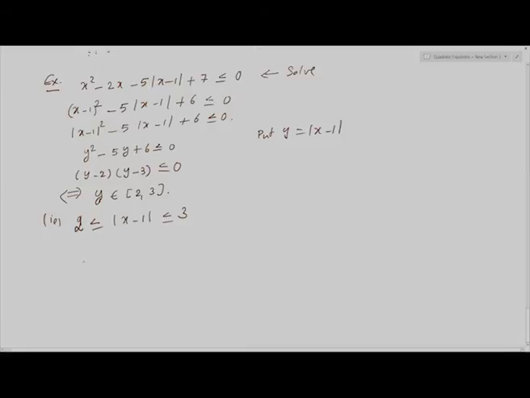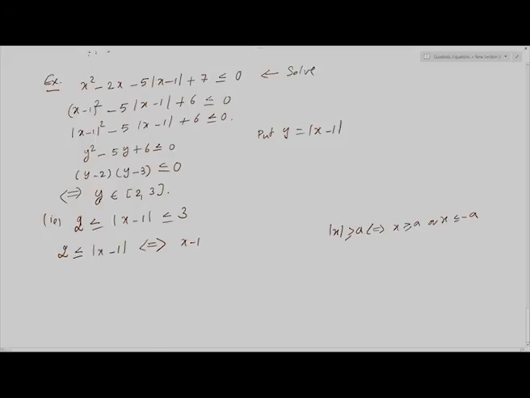Now, I am taking one side inequality at a time, first inequality 2 ≤ |x - 1|. We have already seen that |x| ≥ a implies x ≥ a or x ≤ -a. The same thing I am applying here.